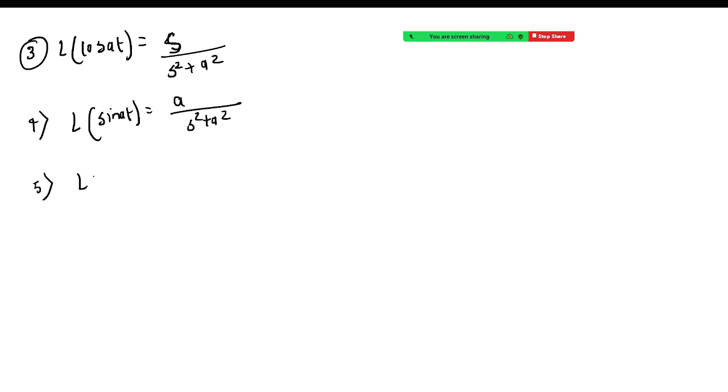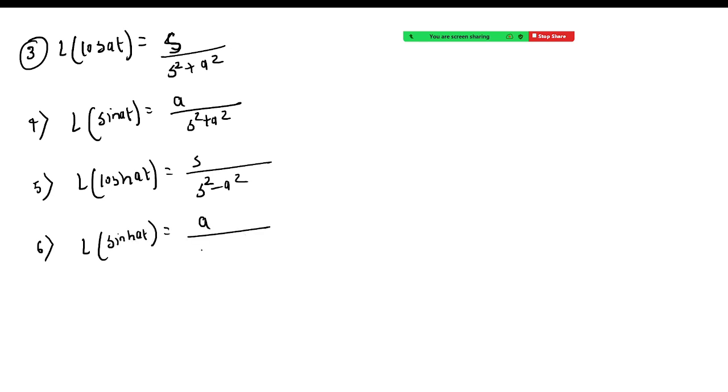Next function is Laplace of cosh at, that is equal to s upon s square minus a square, and again Laplace of sinh at, that is equal to a upon s square minus a square, right?